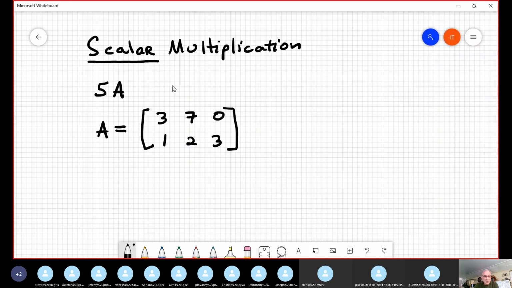So you multiply by 5. When you multiply by 5, every element inside the matrix is multiplied by 5. So 15, negative 35, 0, 5, 10, 15.